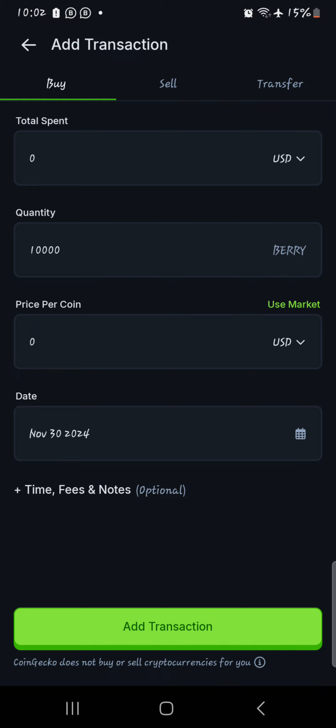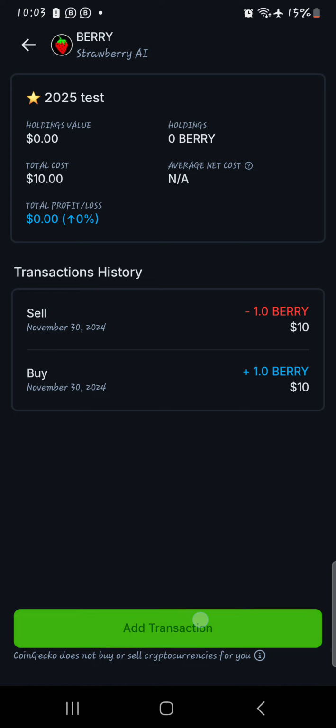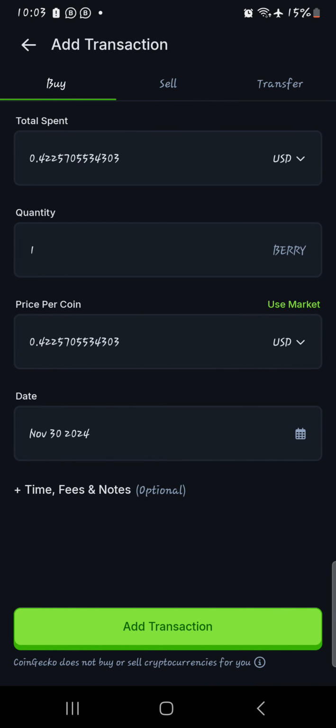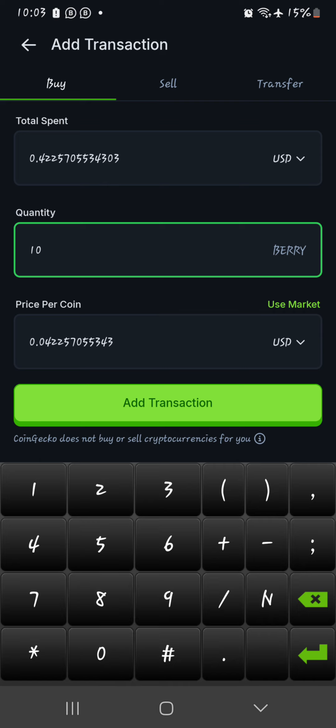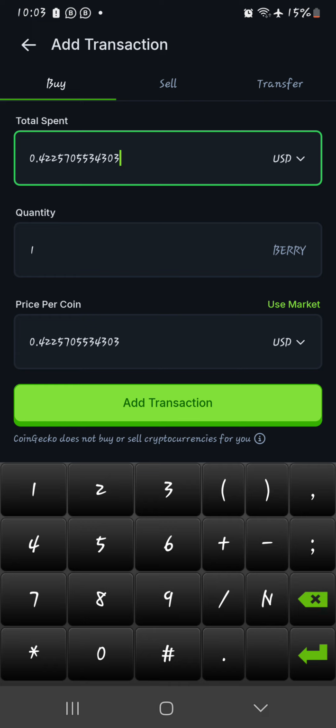So you guys hit me up with this, doing it correctly. Add transaction, quantity. Okay. That's crazy. This is not working.